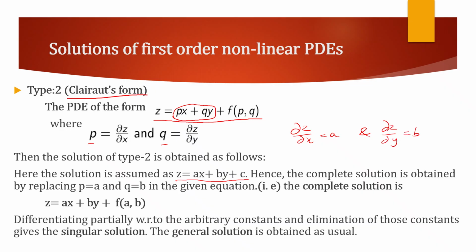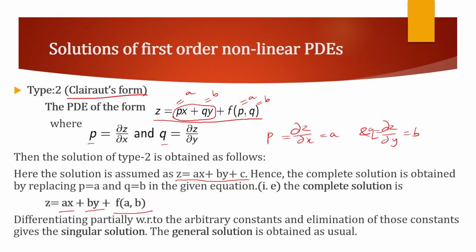Now we substitute p as a and q as b, so that we get our complete solution in this form, that is z is equal to ax plus by plus function of a comma b.